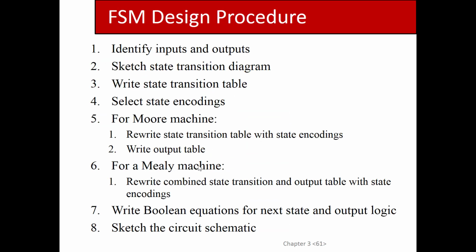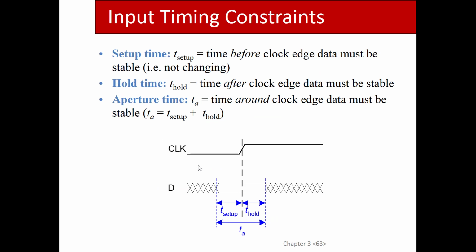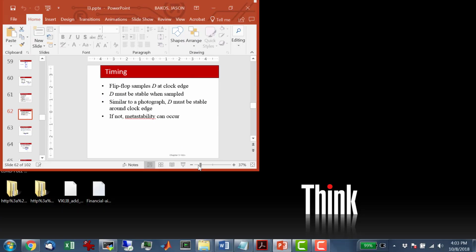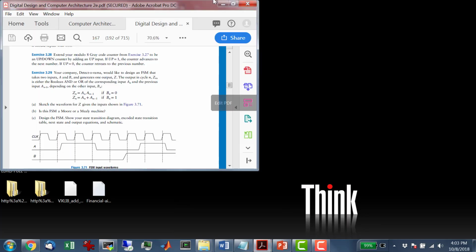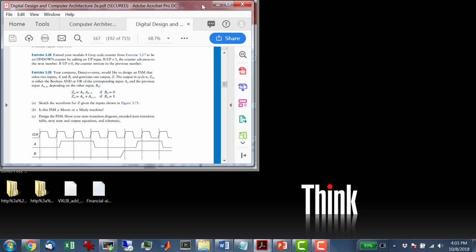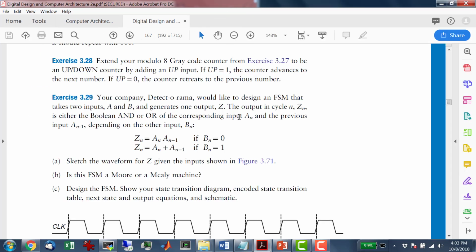All right, and then we talked about timing. So I wanted to cover one more example of this. There's an exercise in the book here that I think is pretty neat. It's exercise 3.29. I don't know if you can read that. Let me zoom in a little bit here.